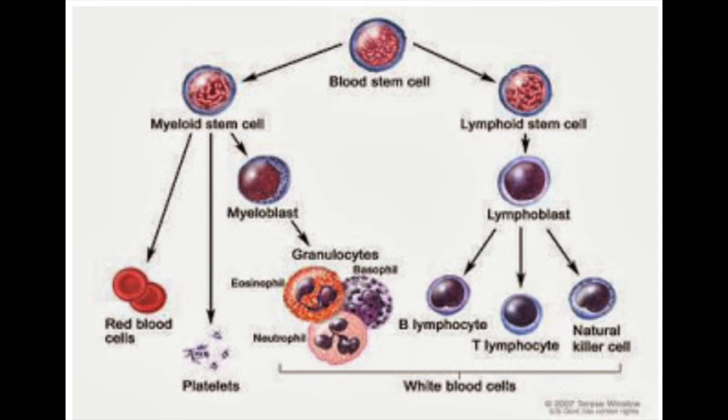But whenever this hematopoietic stem cell becomes a lymphoid stem cell, it can then become a lymphoblast, which becomes either a B lymphocyte, T lymphocyte, or a natural killer cell. Those are the three main types of lymphocytes that we'll focus on.